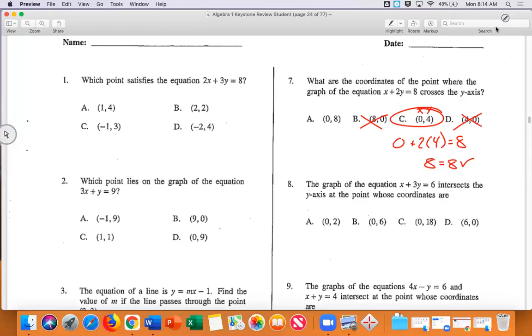Like, hey, for an x-intercept, y is 0, right? That was part of the cover-up method. So if we're trying to find the y-intercept, it's when x is 0, I would cover up x, and I have 2y equals 8, right? And y was 4. Y is 4 now. Okay, and then some of the ways to help you out is, hey, y-intercept, x is 0, so B and D can't be it.